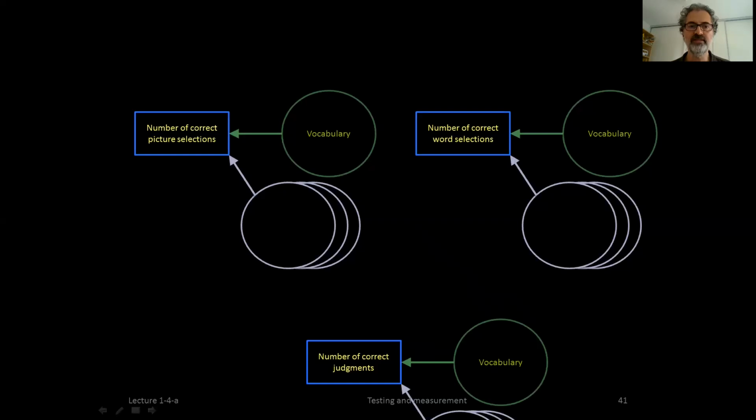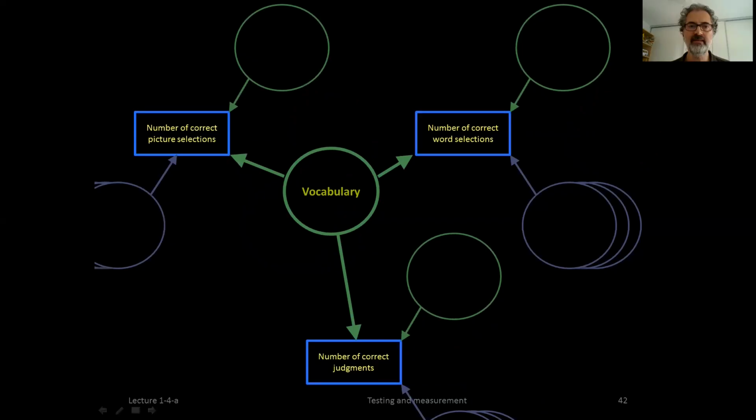And so all of these different tests taken together, number of picture selections, correct judgments, and other kinds of things would be jointly affected by your latent construct, whereas the effects of the different task requirements would be different in each test because of the different designs and would normally cancel each other out, leaving the strongest effects from the common factor here, your target latent construct.